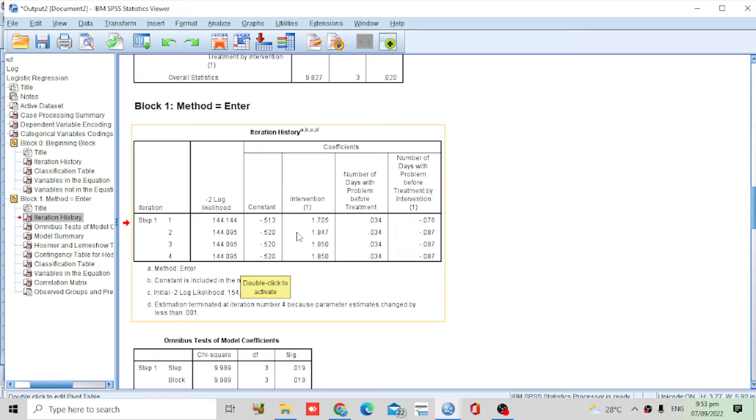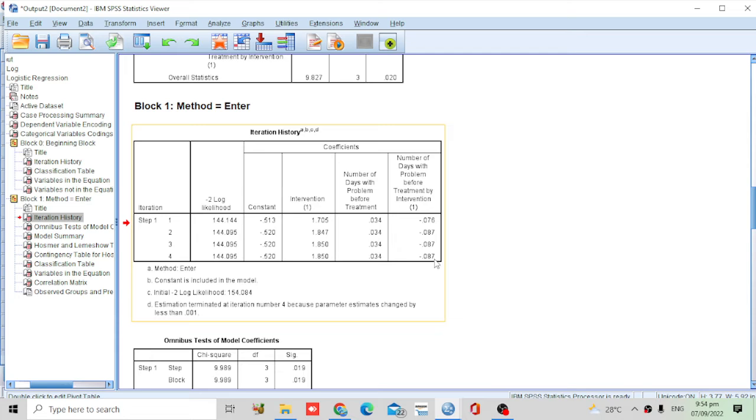From this, we get the coefficient of intercept as negative 0.520, and our coefficient for interventions is 1.850. For the number of days with problem before treatment, the coefficient is 0.034, and for the number of days with problem before treatment by intervention it is 0.087.